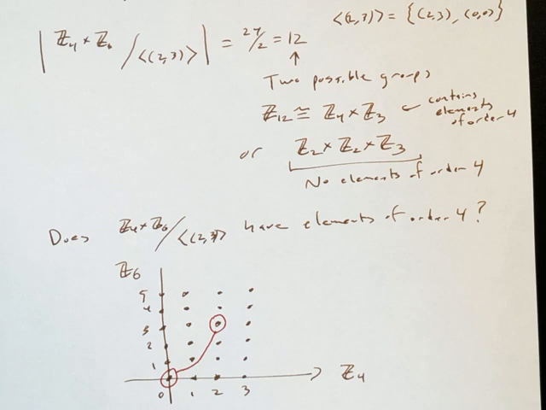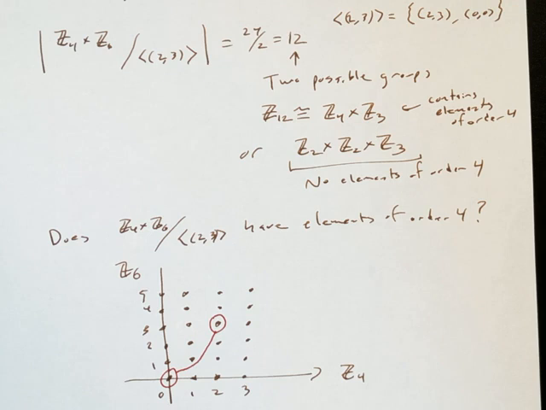Sneaky part: we're working in Z4 and Z6. You go off the right edge, you come back on the left. You walk off the top, you come back up on the bottom. We're working in modular arithmetic.